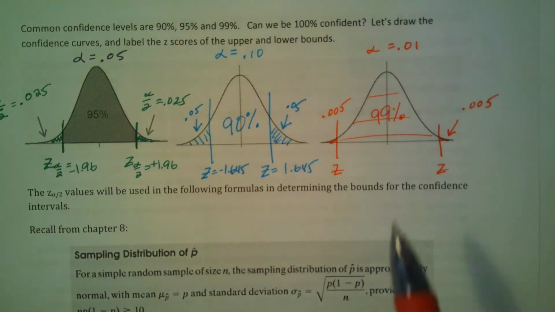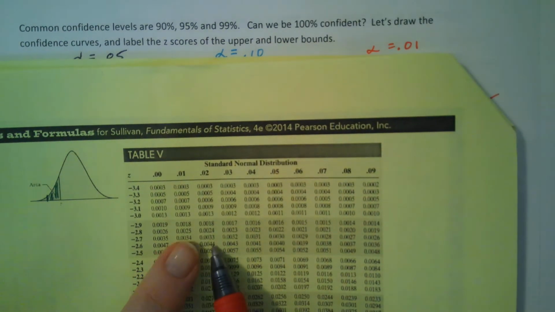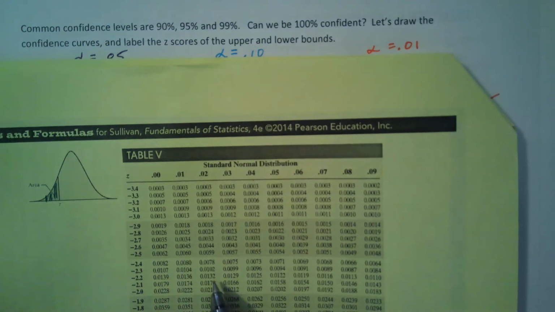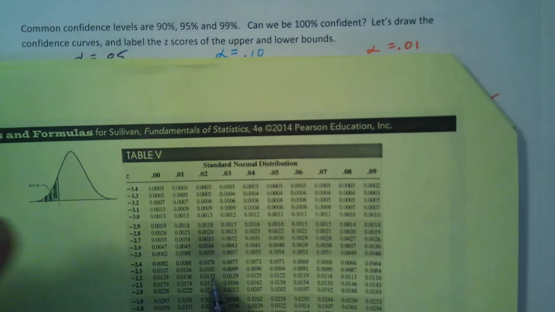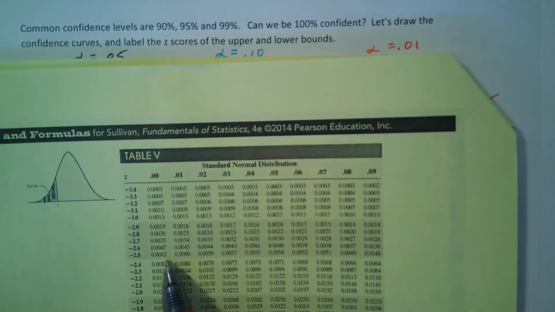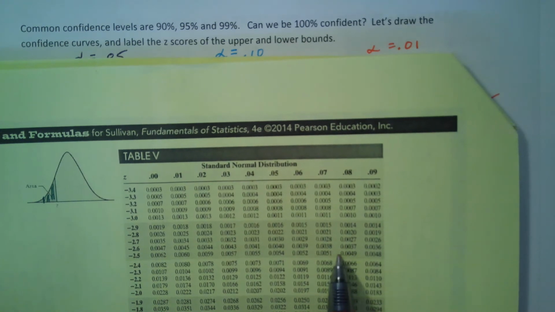So again, if I go to my table and I look up this probability of 0.005, we're going to get a value halfway in between these two values right here.